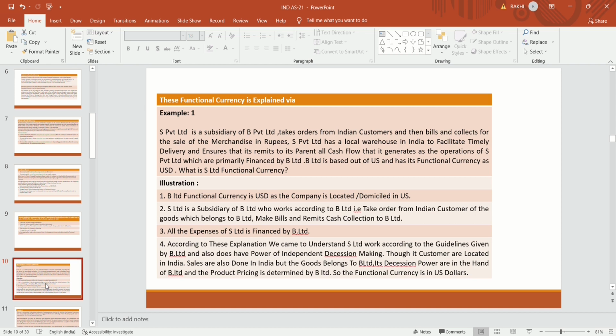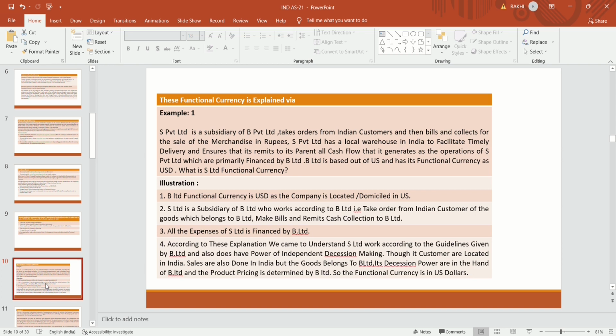And all the operating expenses of S Private Limited are financed by B Private Limited. S Private Limited does not have any power to make decisions. S Private Limited only has to collect goods from B Private Limited, sell to the Indian customer and make invoices in Indian rupees.